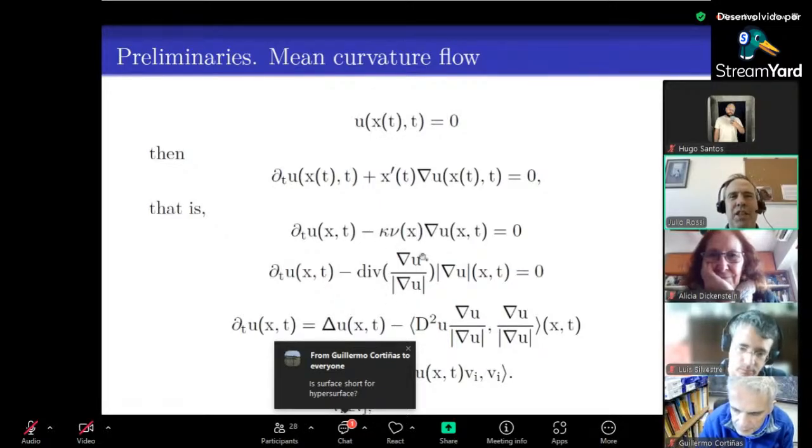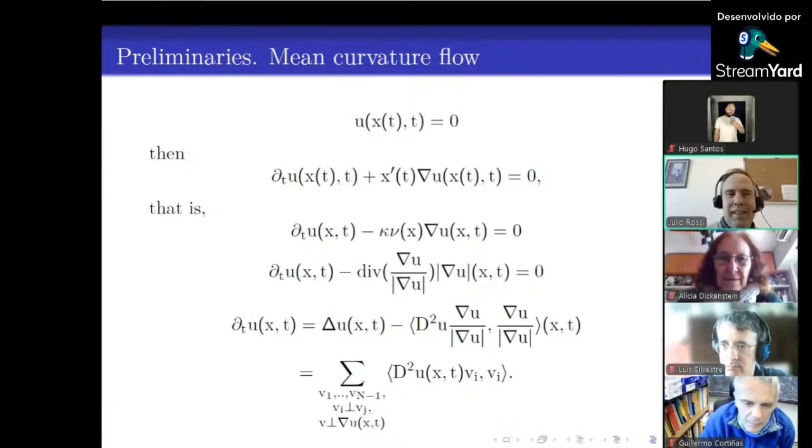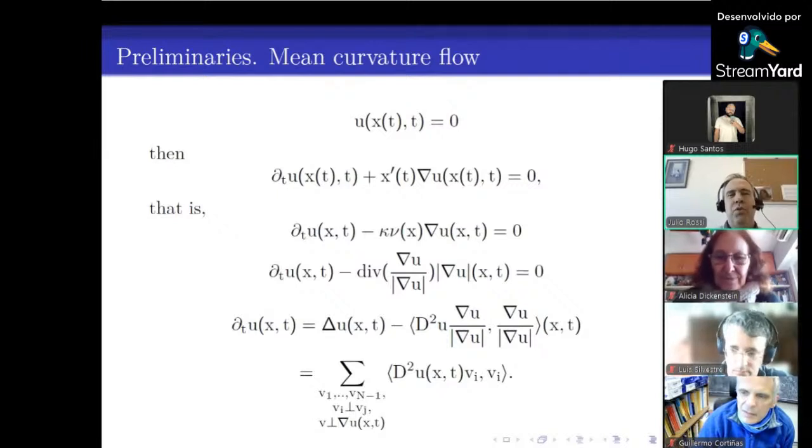When the gradient vanishes, this is not well defined. You have to make sense of all this. I am not going to be precise in what sense this has to be interpreted, but for experts, or people who know about PDEs, all these things can be justified and have to be interpreted in the viscosity sense.